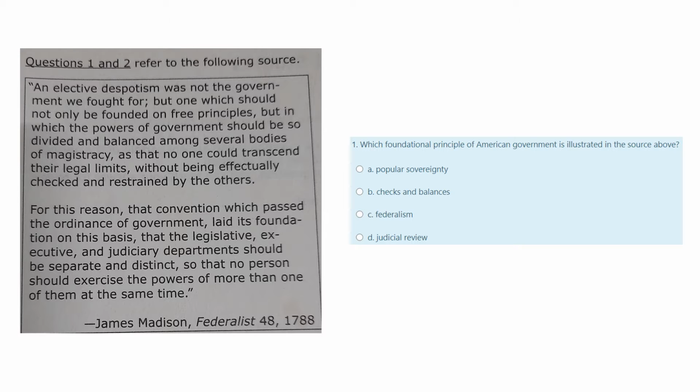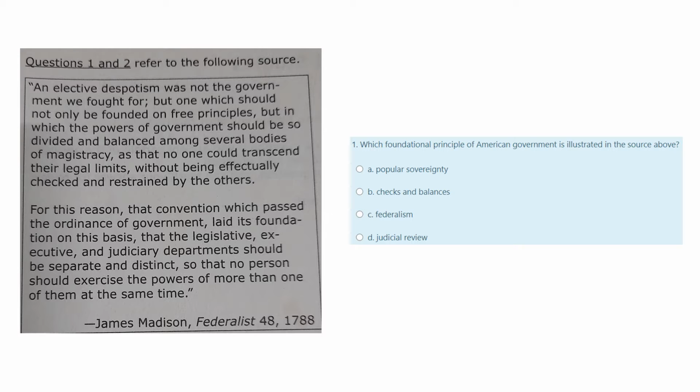Checks and balances is linking to the idea of legislature, executive, and judiciary, where we have a separation of powers. And each branch of government can check the power of the other branches. Federalism is related to the idea of national power and state power.